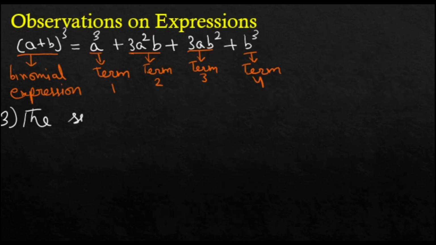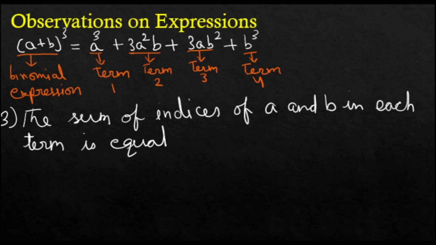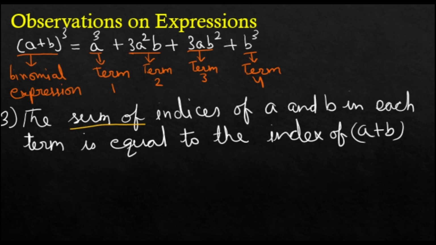The sum of indices of A and B in each term is equal to the index of the binomial. So we will look for the sum of indices in the expansion of a binomial expression.